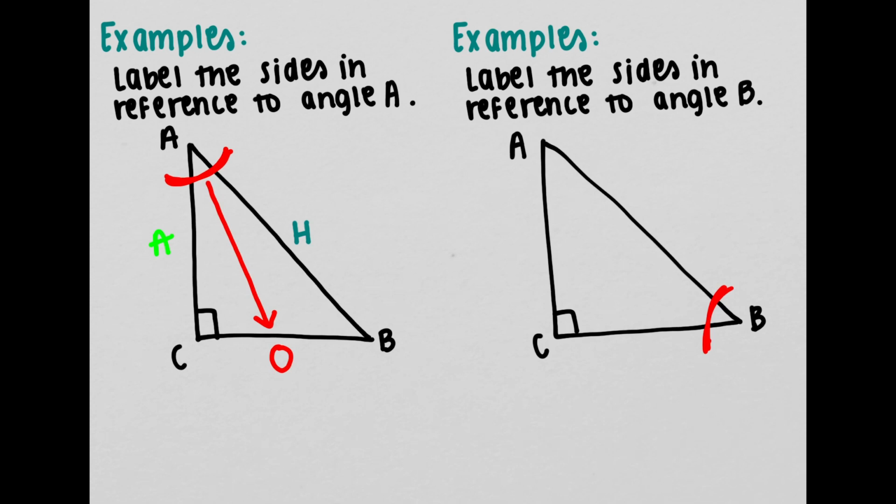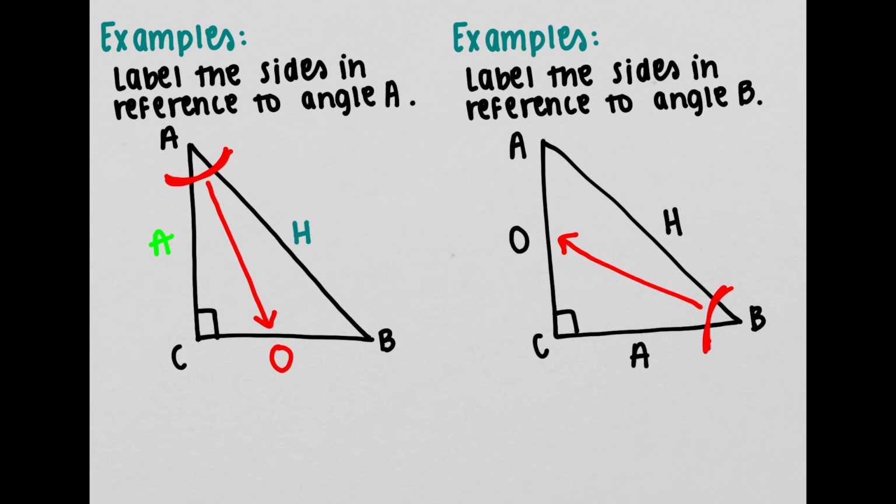I'm now going to label my hypotenuse, which is across from the 90, and that's going to be my H. The next thing I'm going to do is label my opposite side, which is across from my reference angle, or the angle indicated. So this is going to be my O, or my opposite side. And that third and final side is going to be my adjacent side, or my A.